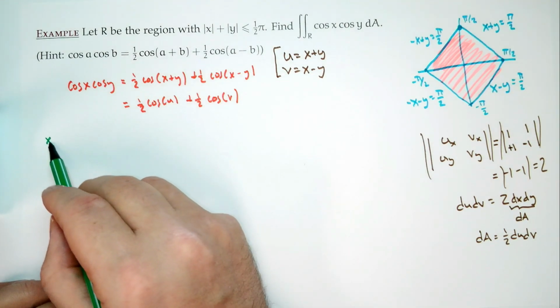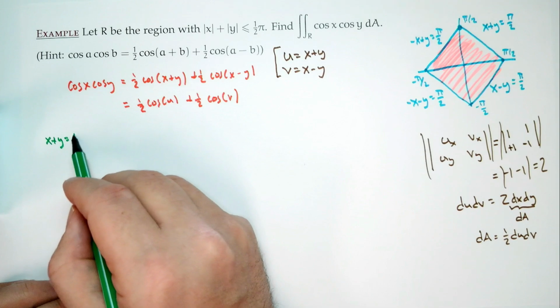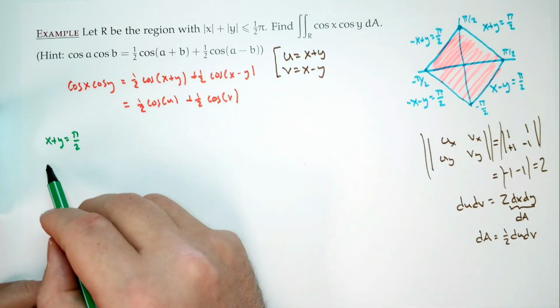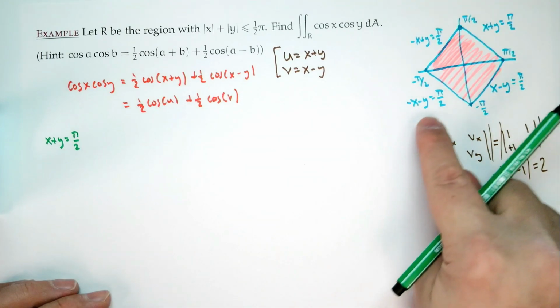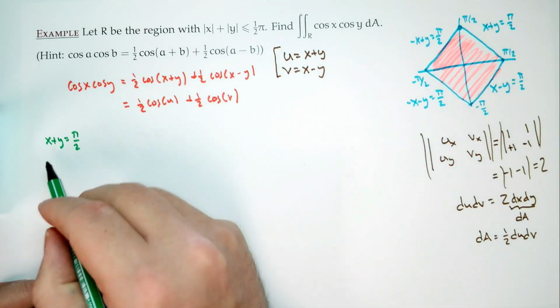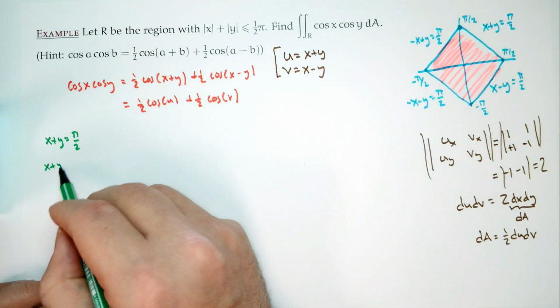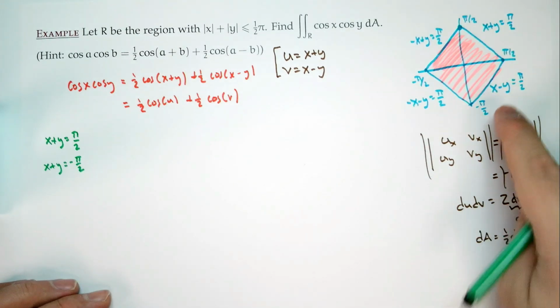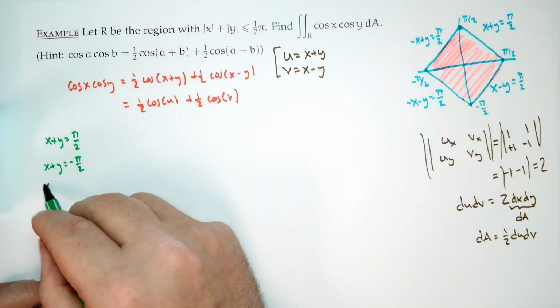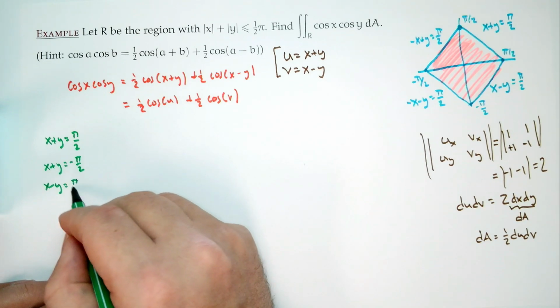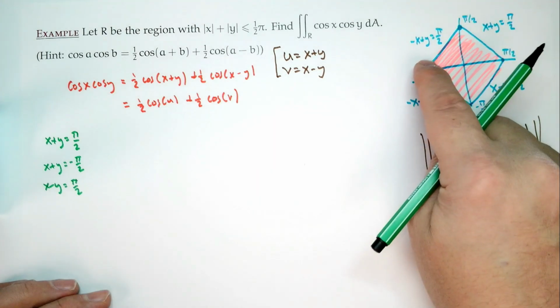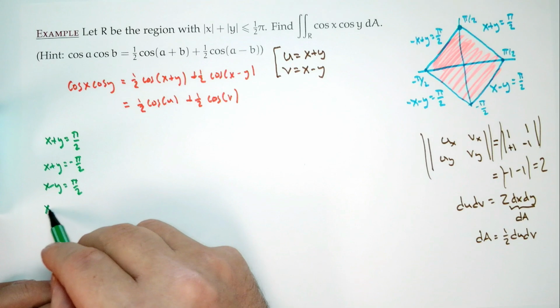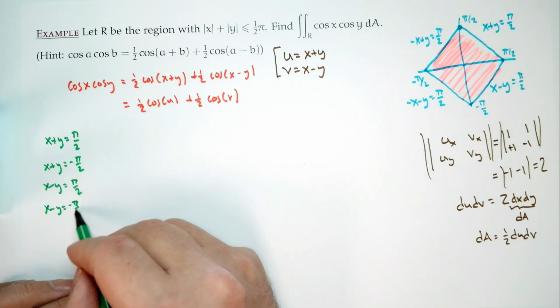Our current bounding curves: x plus y equals pi halves. The one right across from it, if we multiply both sides by negative, is x plus y equals negative pi halves. Here we get x minus y equals pi halves, and the one straight across from it, if you multiply by negative, is x minus y equals minus pi halves.